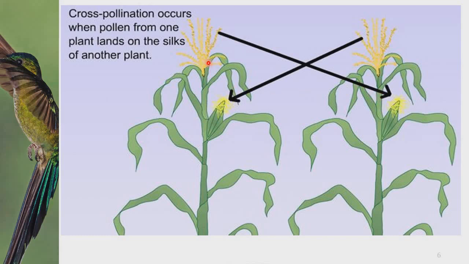Here you have two different plants where their gametes are being transferred. Pollen grains will be transferred from the anther to the stigma of another plant. This is the one we call cross-pollination.